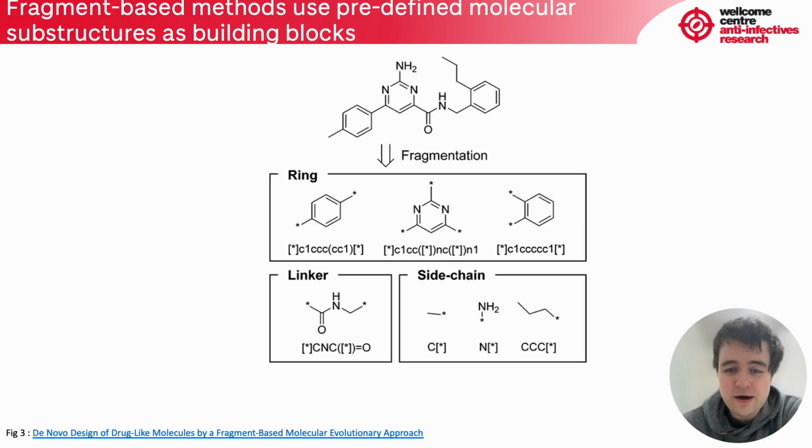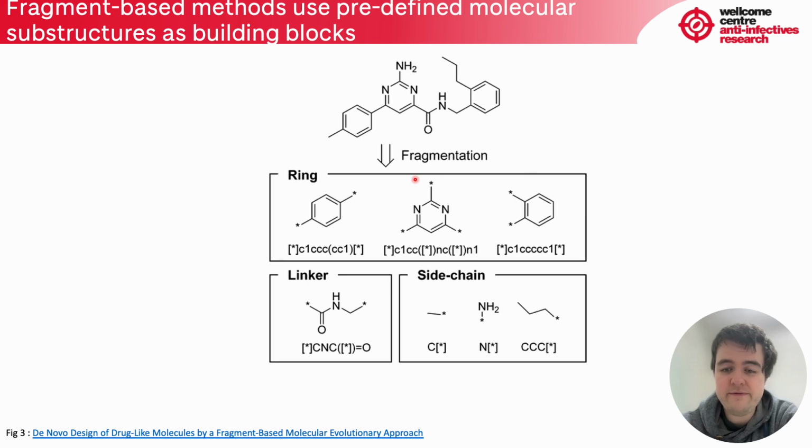Okay, so next up, we're starting to think about fragment-based methods. In fragment-based methods, the fragments are individual building blocks, and these individual building blocks are often taken from pre-existing molecules. So here, for example, we have a molecule, and we go ahead and fragment that molecule. This fragmentation builds up several building blocks, and these building blocks can come from various different classes.